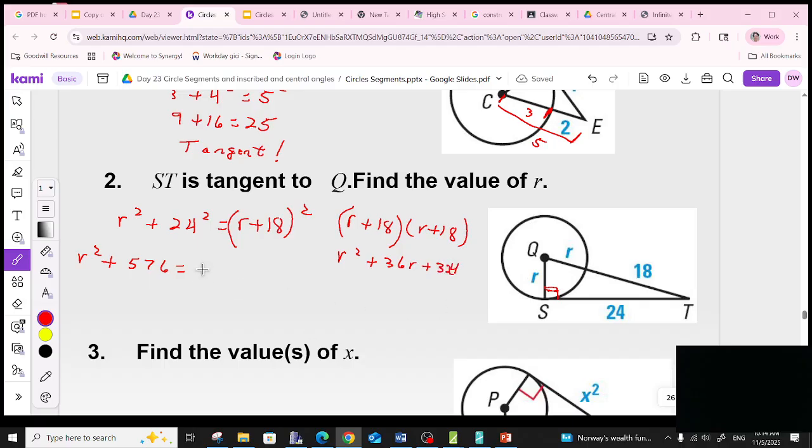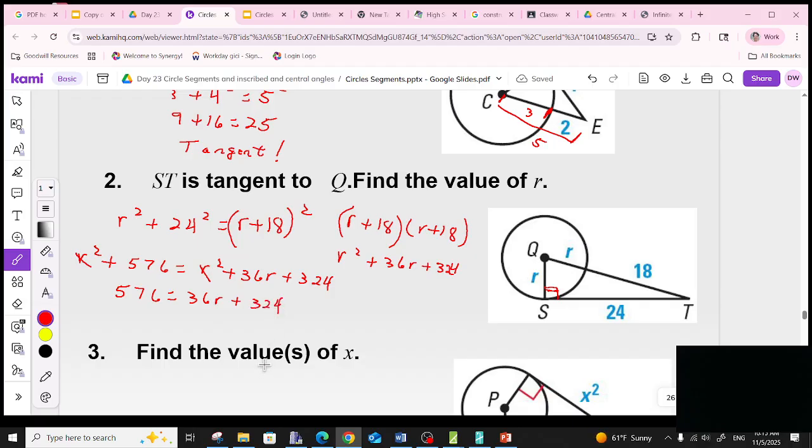So r squared plus 576 equals r squared plus 36r plus 324. These r squared terms cancel, right? I have 576 is equal to 36r plus 324.